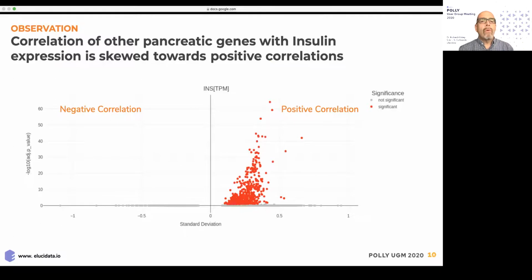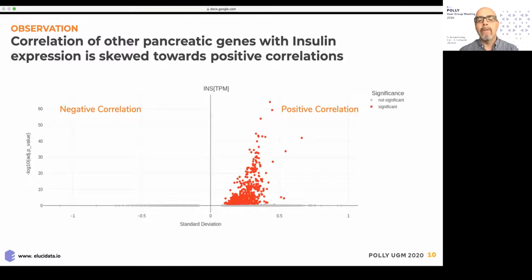So what we're looking at in this plot is a correlation of all the other pancreatic genes with insulin content. And you'll notice a surprising thing on this volcano plot, and that is, first of all, that all the genes in the pancreas are positively correlated with insulin. That is, all the significantly changed genes. Now, this is not the typical type of volcano plot that you're used to looking at.